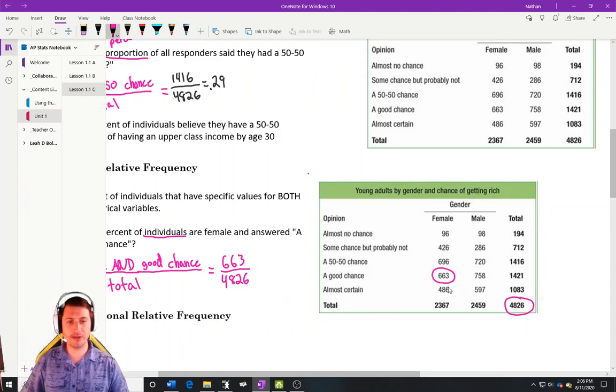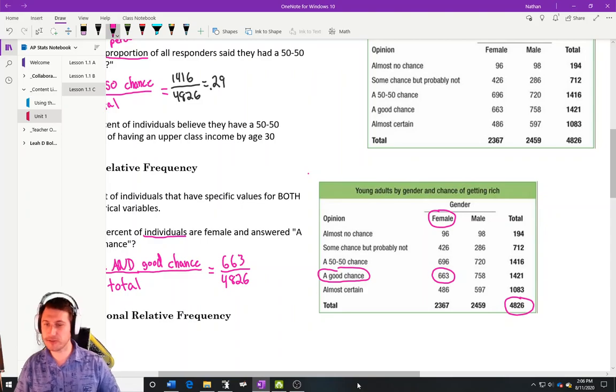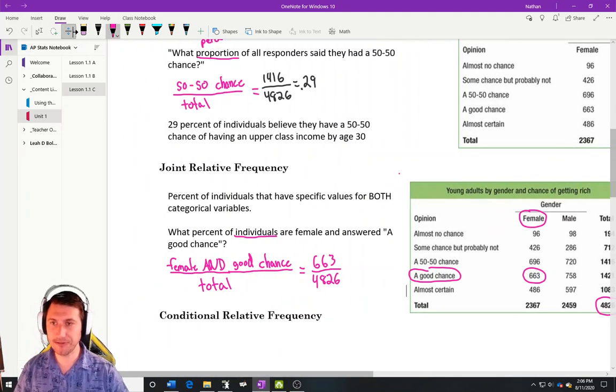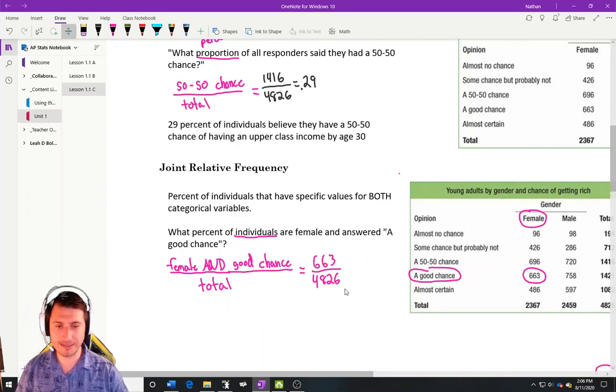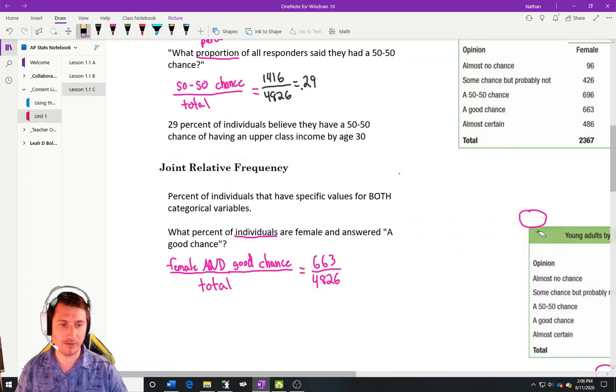You see here now we are not using the margins because we have to be part of both categories. So we figure out where they intersect. All right, again, we just got to plug that into the calculator and then write a sentence that gives me context. Interprets what your answer means in context.